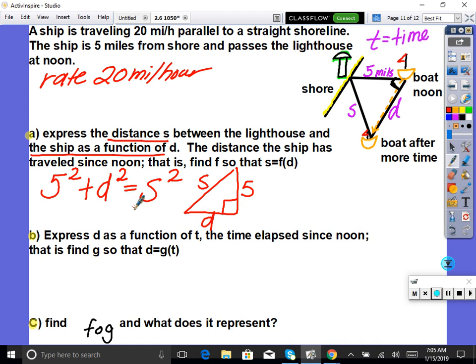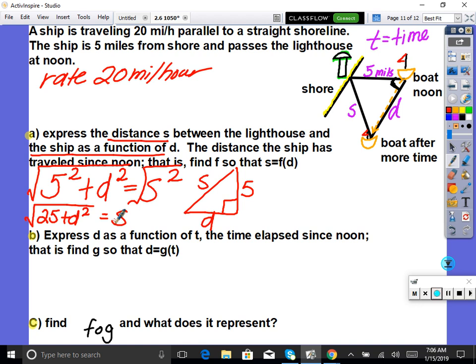Just S. Now don't be mistaken, you can't just cancel out the squares because of the plus sign. So technically we have the square root of 25 plus D squared equals S. So now we have written S as a function of D. That's it for A.